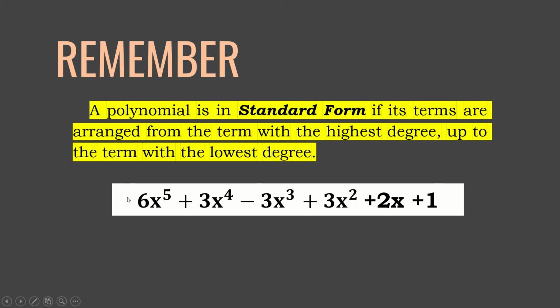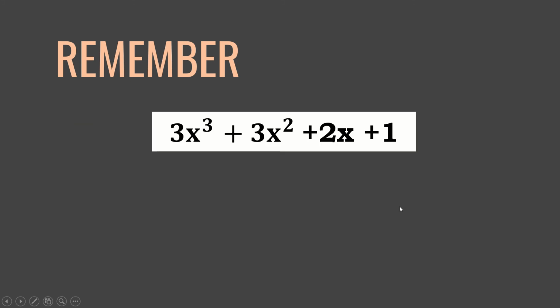So this is the standard form of a polynomial, meaning it is arranged from the highest degree down to the lowest degree. So we have here, for example, 3x cubed plus 3x squared plus 2x plus 1.